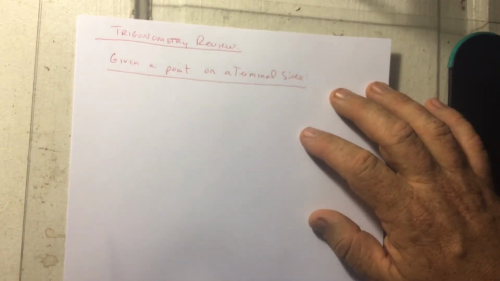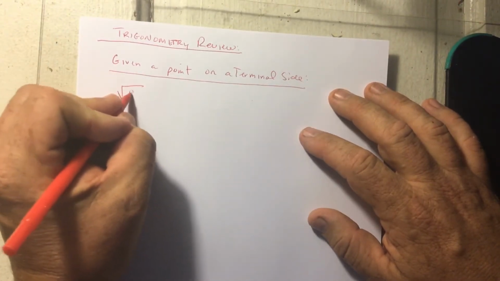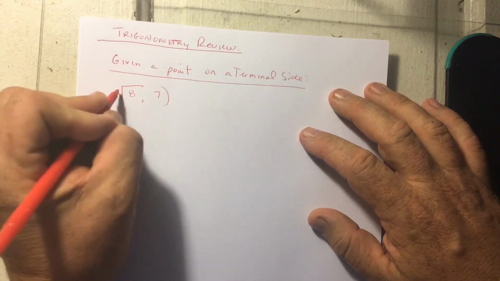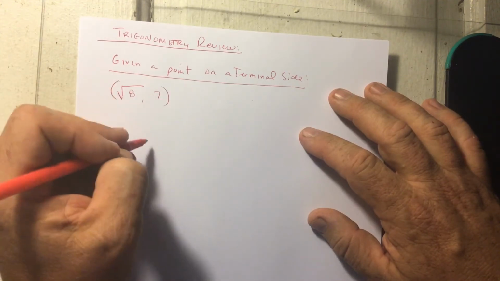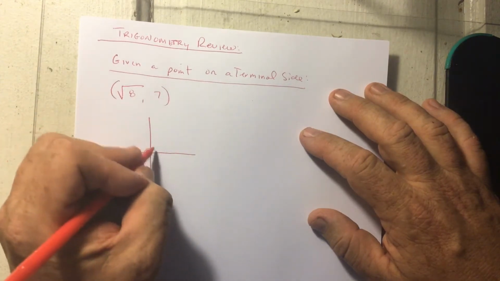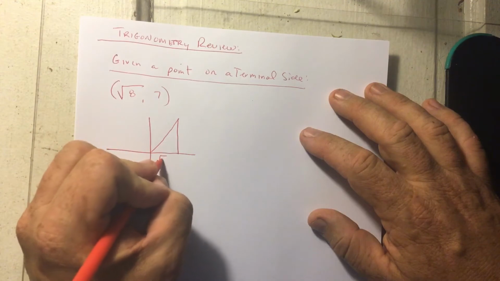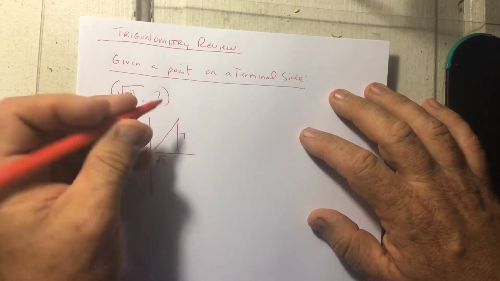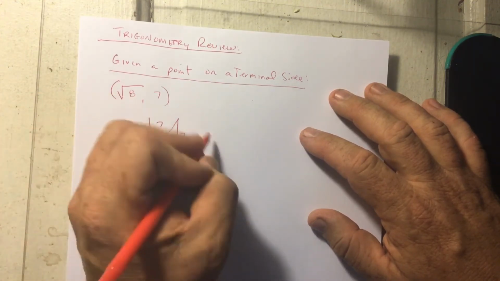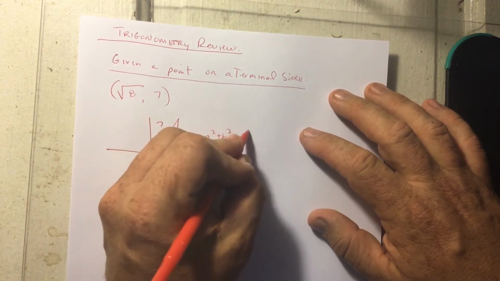When they're asking you to do that, they'll give you like square root of 8 and 7. Don't forget, you're just drawing, they're both positive, so we're just drawing the triangle here, and we're doing the square root of 8, and we're doing 7, and then you're finding this side by a squared plus b squared equals c squared.